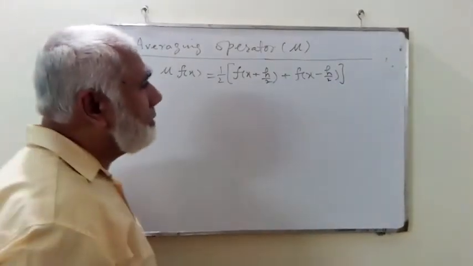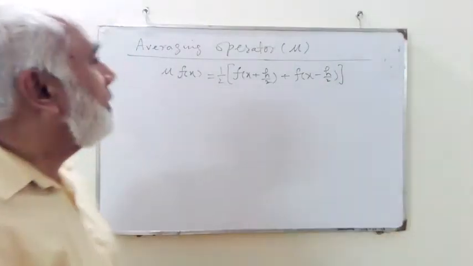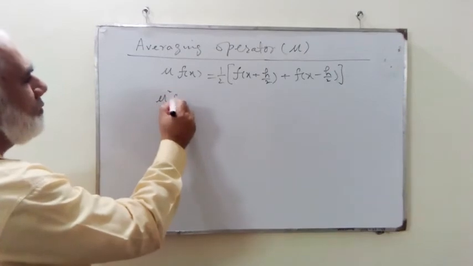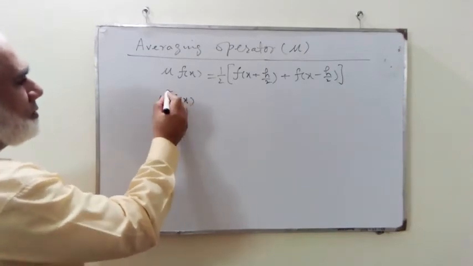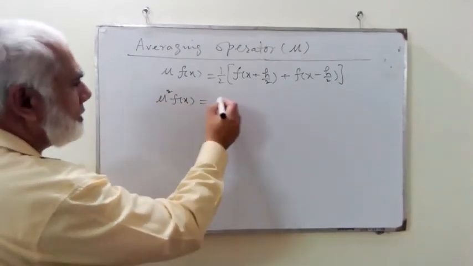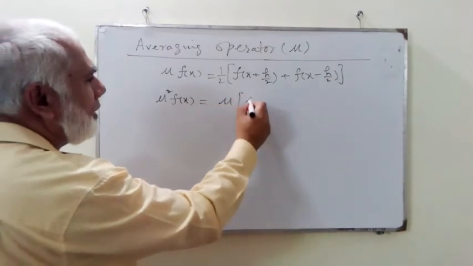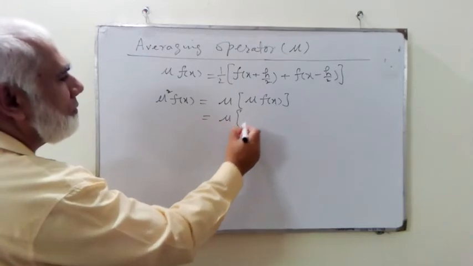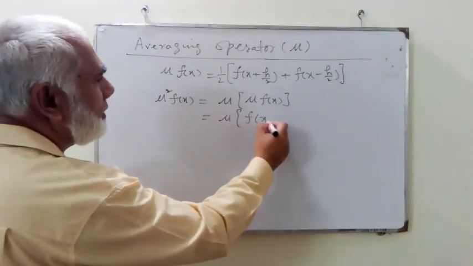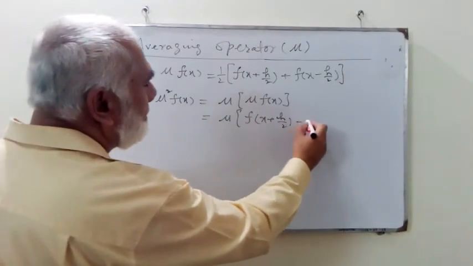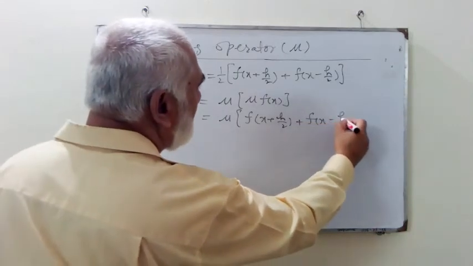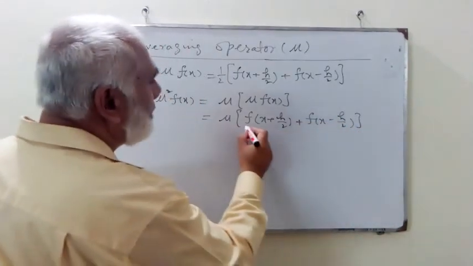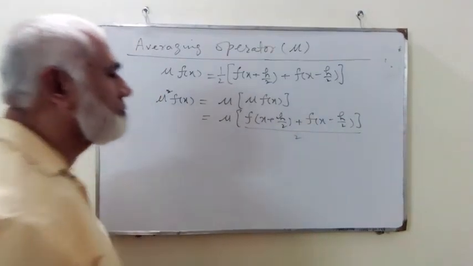So this is your definition for the averaging operator, and whenever you apply it twice, we can simplify it on the same lines as we have done in the previous cases. So here we write μ of μ f(x), and the result takes the form μ of [f(x + h/2) + f(x − h/2)] whole divided by 2.